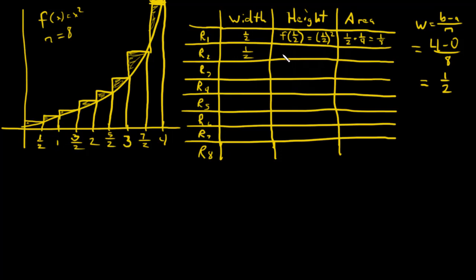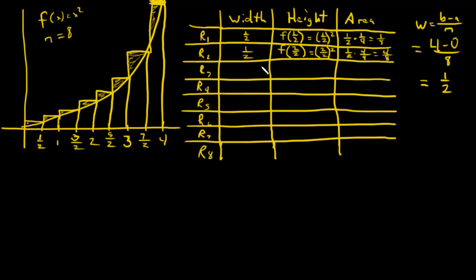So, f of, and if you allow me, I'm going to write 1 as 2/2 for absolutely no reason. This is going to be 2/2 squared. So this is going to be 1/2 times 4/4, which equals 4 over 8. Oh, this is hard to write. I should have made this bigger.